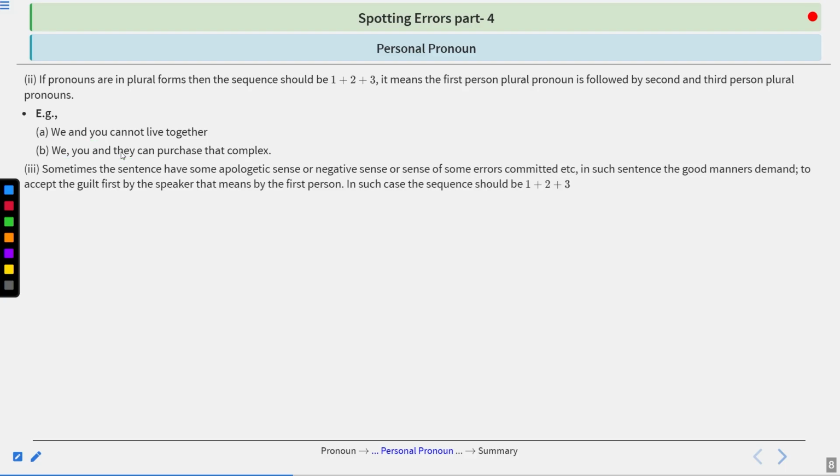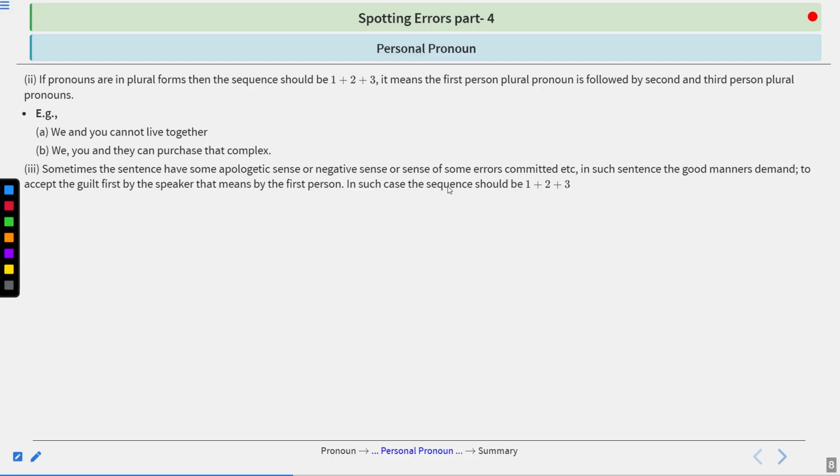The third one. Sometimes a sentence has some apologetic sense or negative sense or sense of some errors committed, etc. In such a sentence, good manners demand that the guilt be accepted first by the speaker, that means by the first person. In such a case, the sequence should be 1, 2, 3.